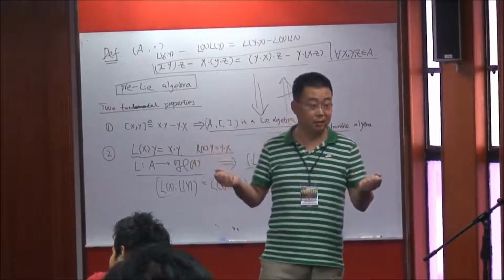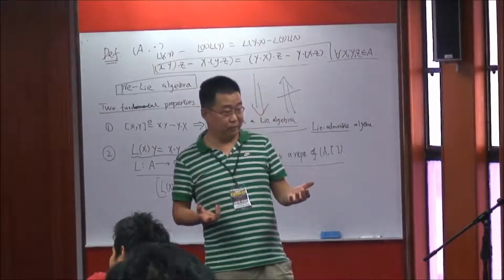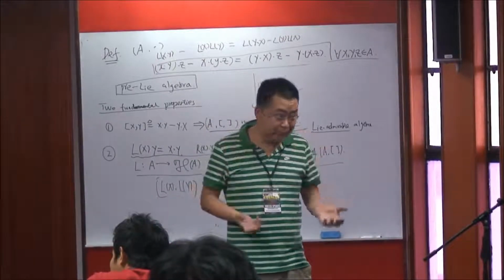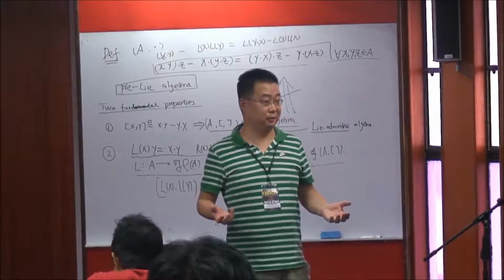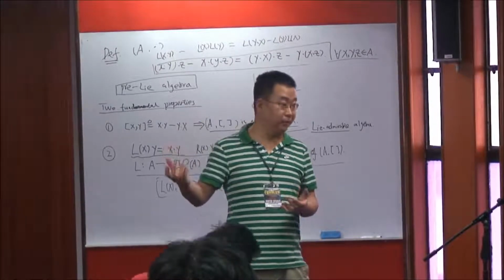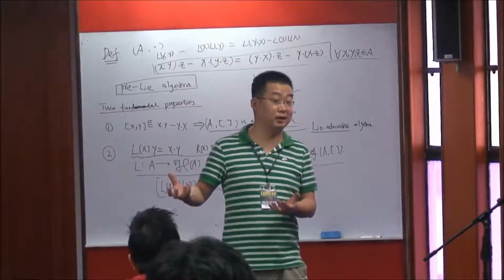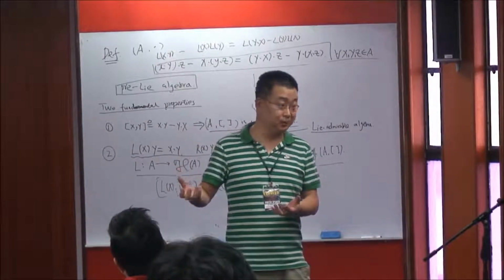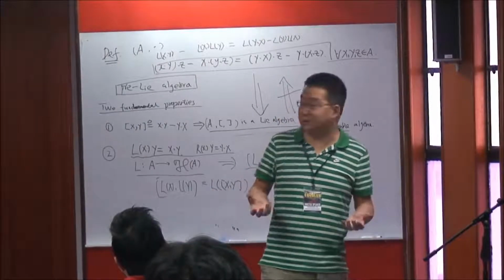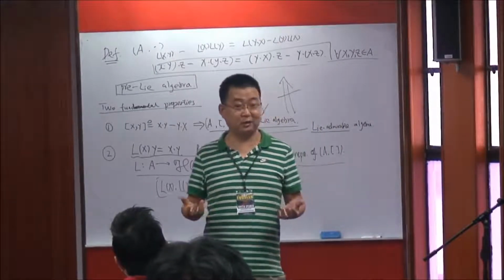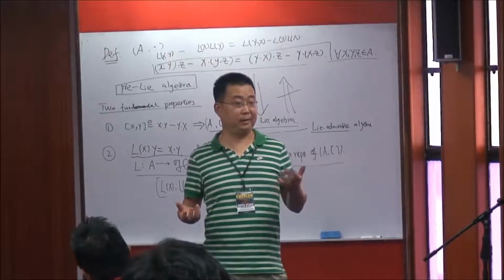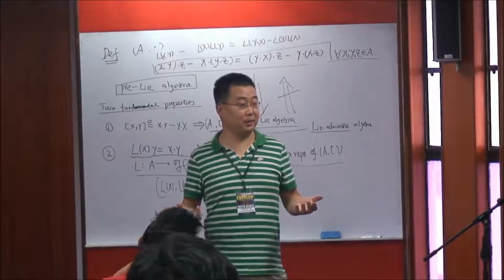But if one wants to construct a concrete representation, it's not easy, right? So the most natural way to construct a representation is the adjoint representation, that means by the Lie algebra structure by themselves.